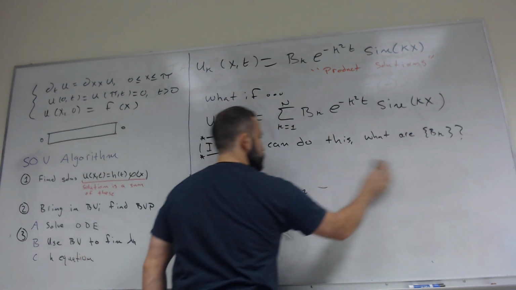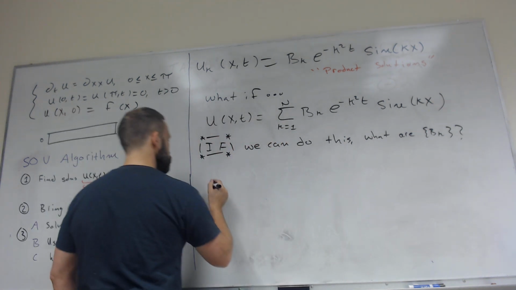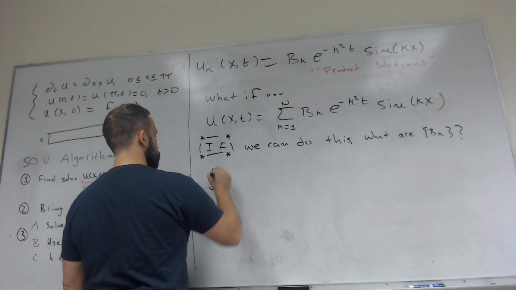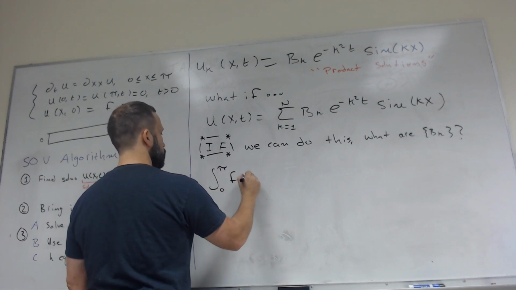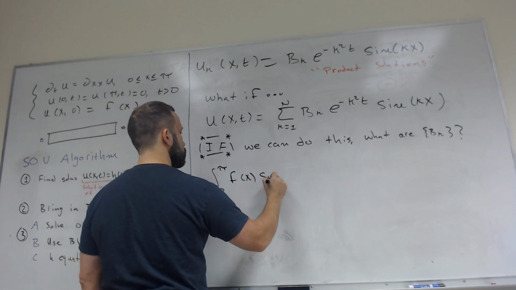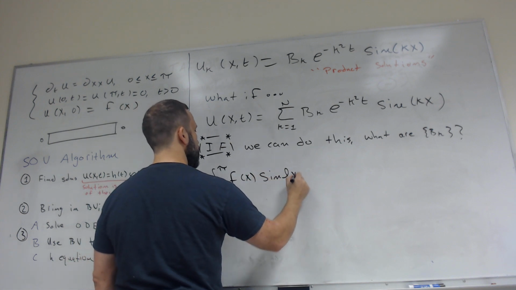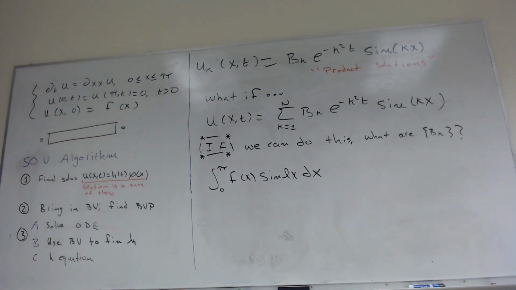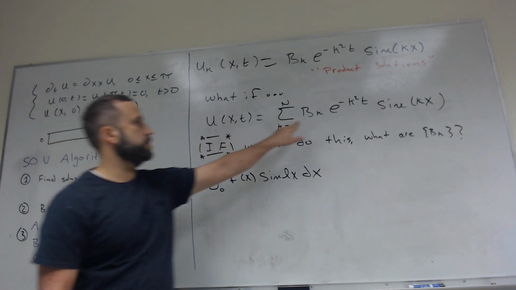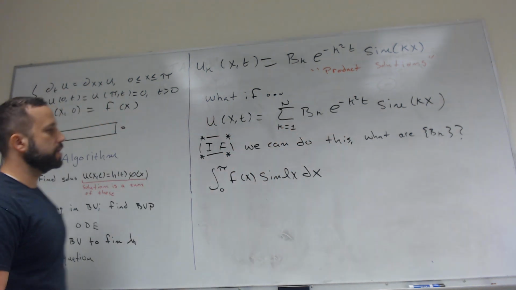So what I'm going to do is look at the integral from 0 to pi of f(x) times sine(Lx) dx, and I'm going to replace my f(x) with u(x,0), in other words, this sum here.